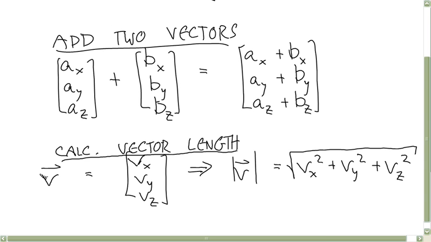What would happen if this v was a 2D vector? You just have Vx, Vy, 0. So when you calculate that length, you just have the square root of Vx squared plus Vy squared, right? The Vz squared would be equal to 0. So this is totally generalizable to 2D. This formula works for 2D as well as 3D.